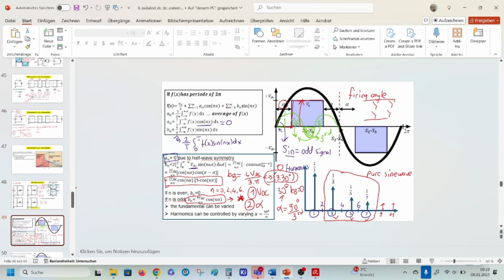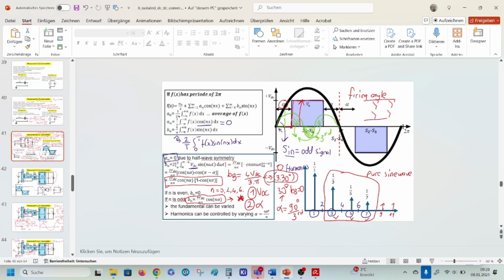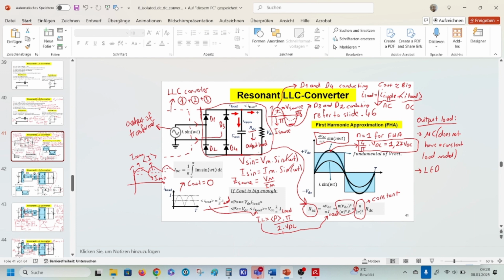This formula for the half wave or this formula for the full wave, full bridge, and this would be slide 49.